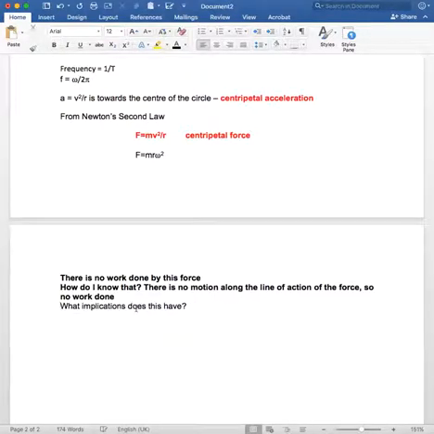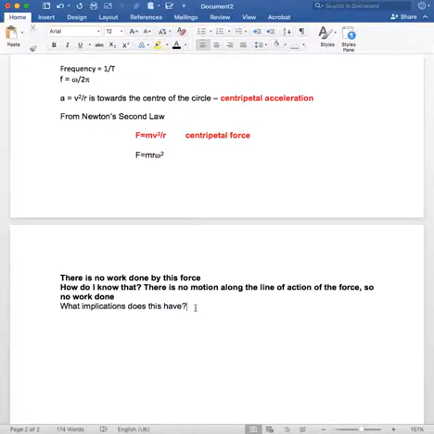And I said, what implications does this have? Well, if the force was doing work, work, of course, is a change in energy. Work is force times distance moved along the line of action of the force, and the amount of work done is the amount of energy converted.